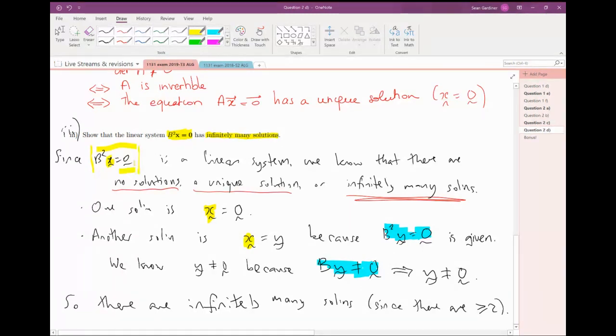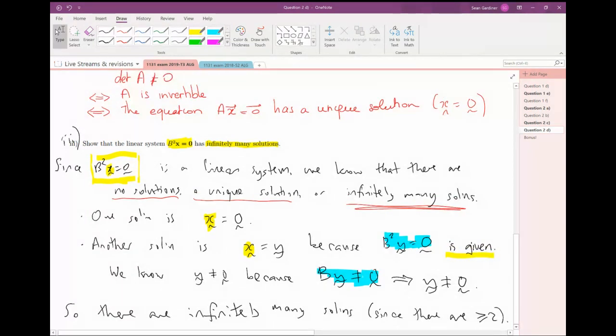I'm thinking maybe Michael is the one who answered the question. B squared y equal to 0 is given in the question. Okay, so hopefully that explains that one. And as I said, you could also use Laura's argument in the red pretty similarly here.